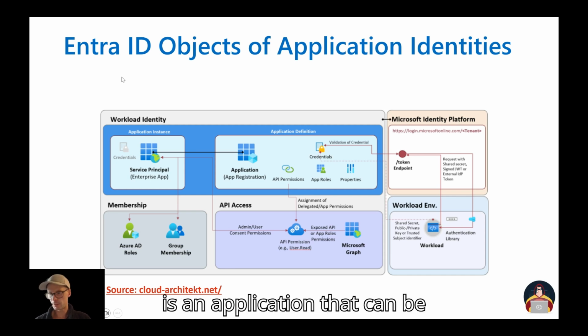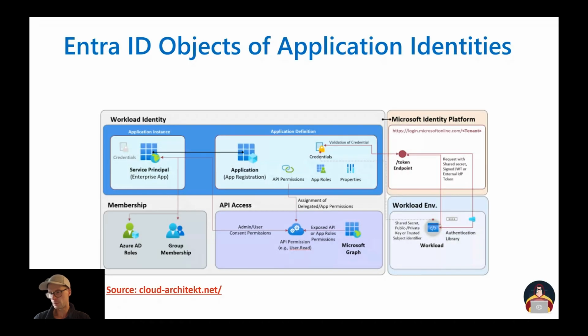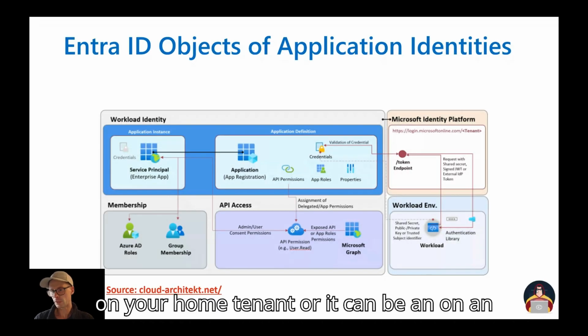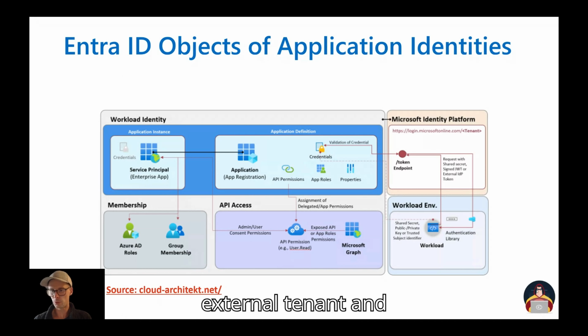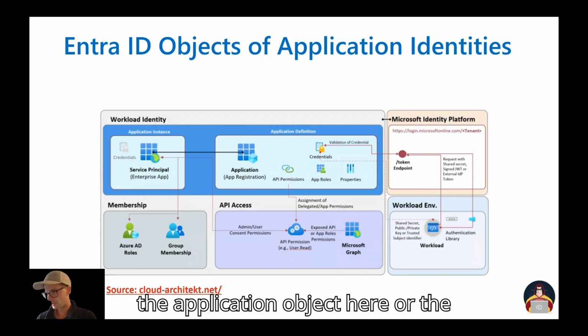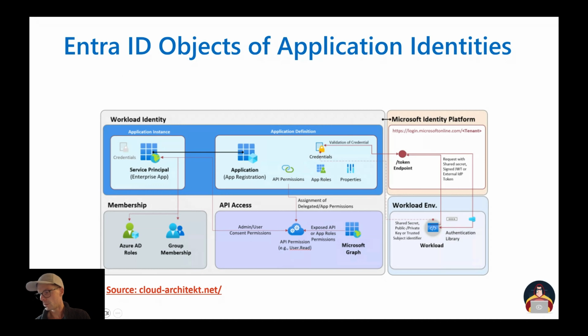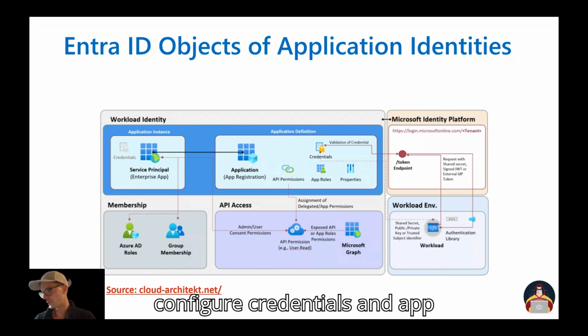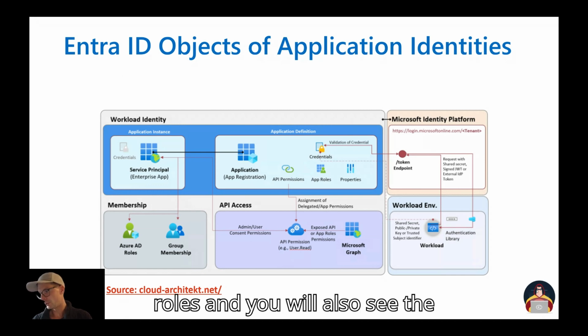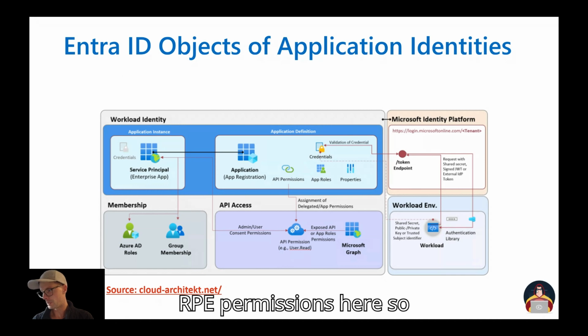This is an application that can be in your home tenant or it can be in an external tenant. The application object here, or the app registrations on the right, is where you configure credentials and app roles, and you will also see the API permissions here.